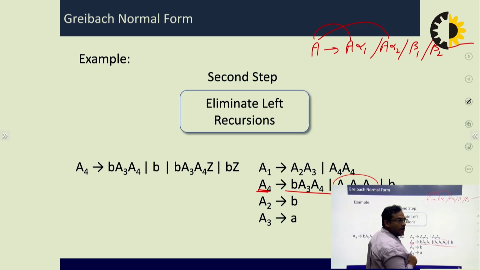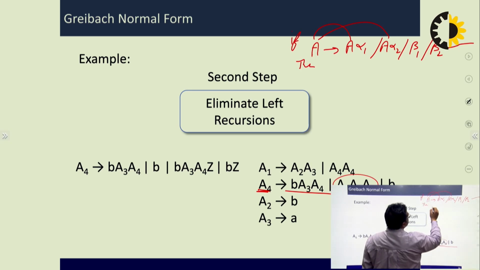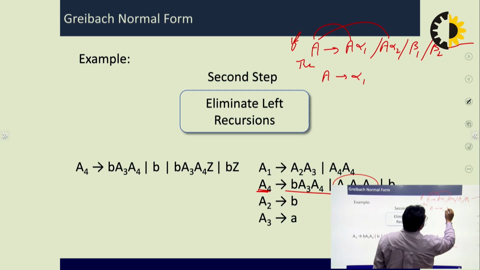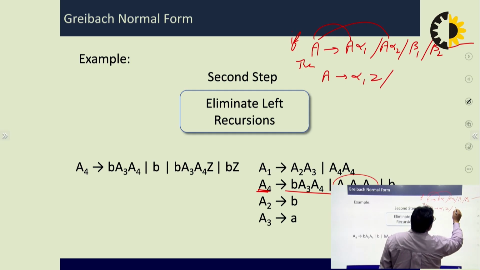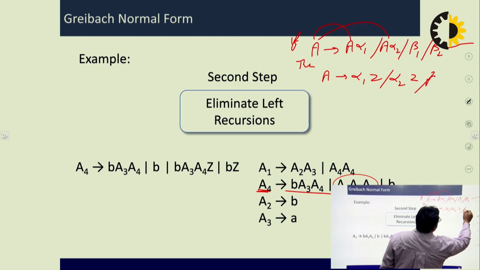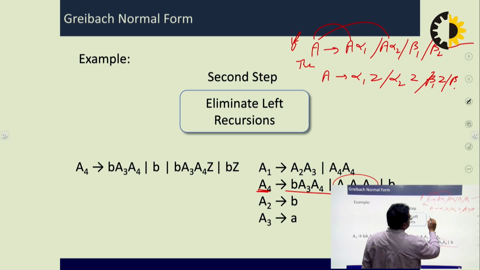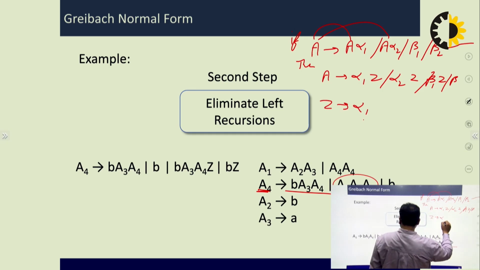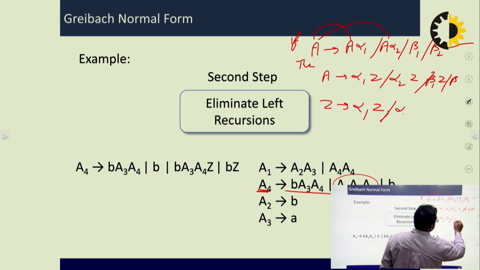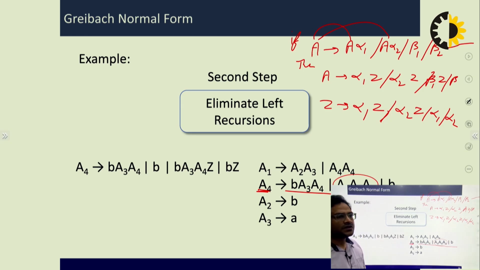Then the solution is A tends to beta 1, beta 2, beta 1 z, beta 2 z. Next, z tends to alpha 1, alpha 2, alpha 1 z, alpha 2 z. This is the way you can solve using left recursion.